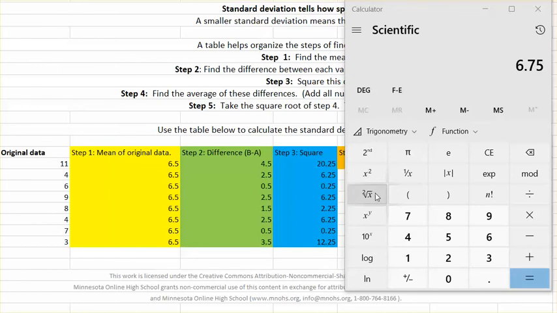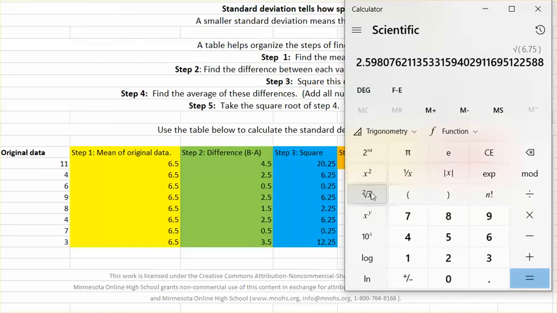Again, your calculator should have a square root button. So the square root of 6.75 is 2.598. Remember, we typically like to round to 1 or 2 decimal places. So I'm going to say that my standard deviation is 2.6.